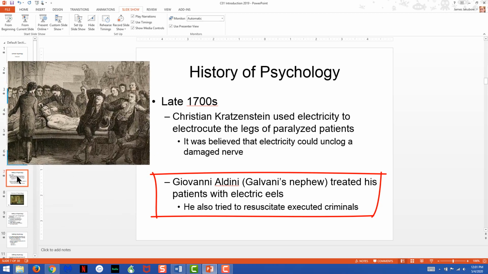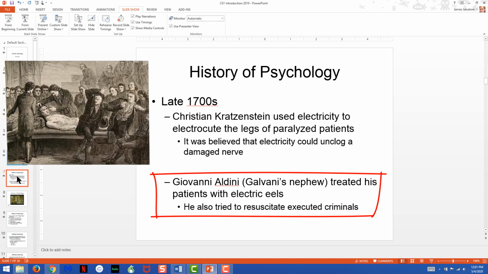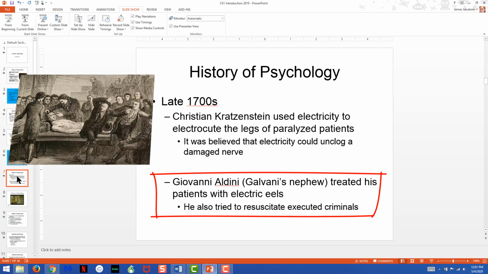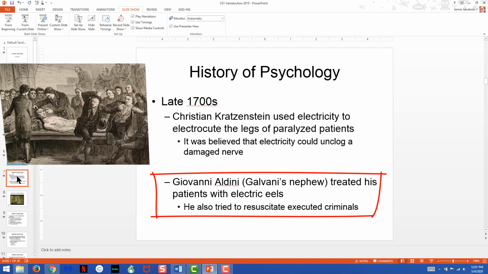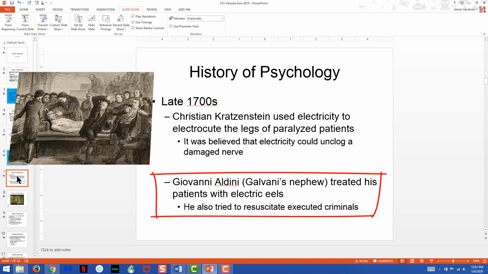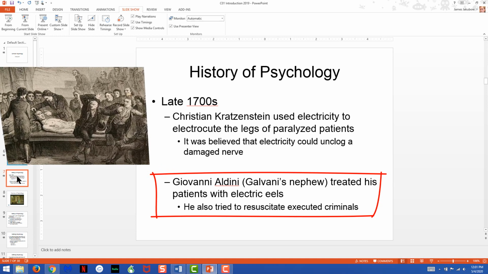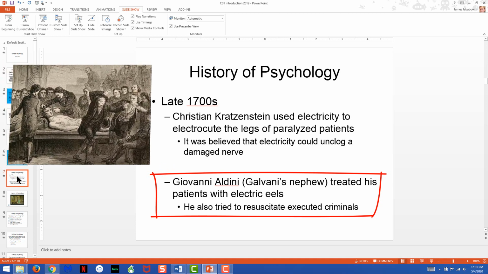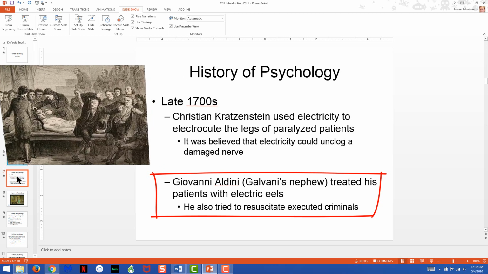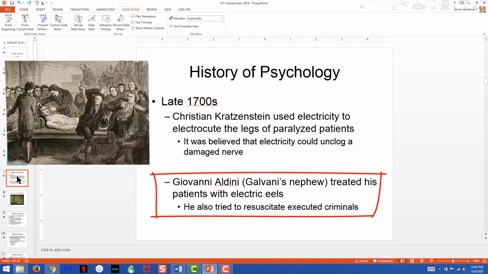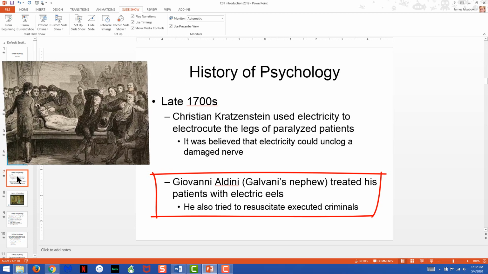So, if an individual was found guilty and hung by the neck until dead, he would get permission from the city council ahead of time to take the fresh corpse and electrocute it with a whole series of Leyden jars to try to bring the person back to life. That is, to prove that electricity was the basis of how a person stayed alive, that he would try to electrocute these individuals and bring them back to life.